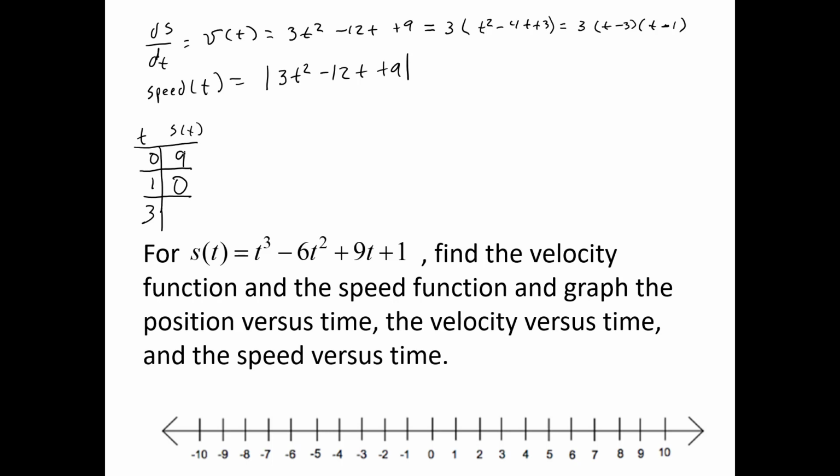So let me go back and change this. So when you put in 0, you will get 1. I should have known that that was wrong because this is a 1. All right, so now that we have this right, at 1 we get 5, and at 3 we get back to 1.